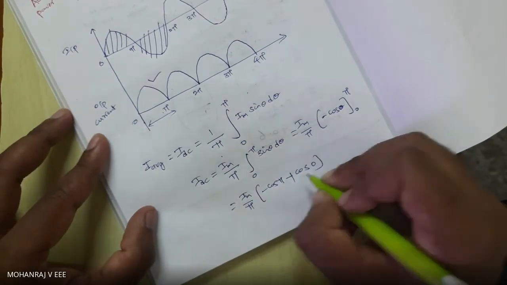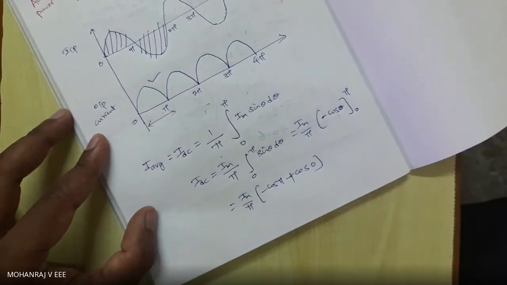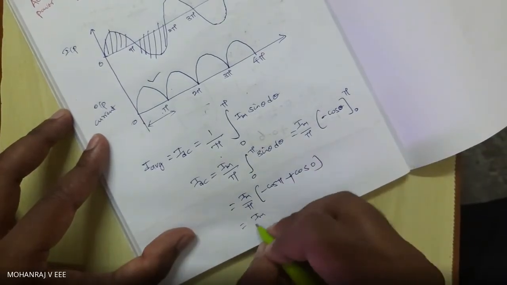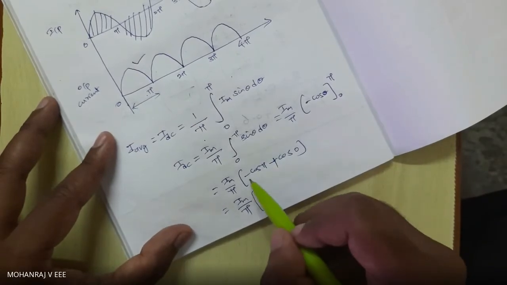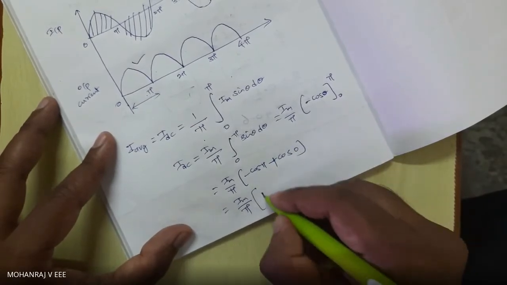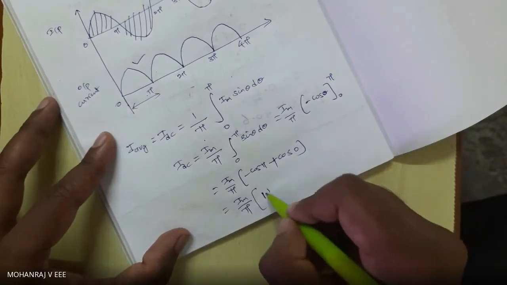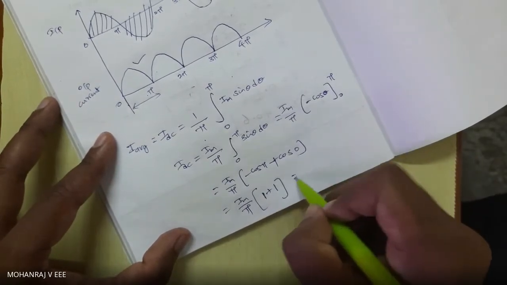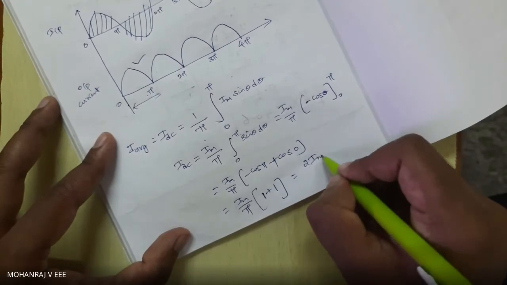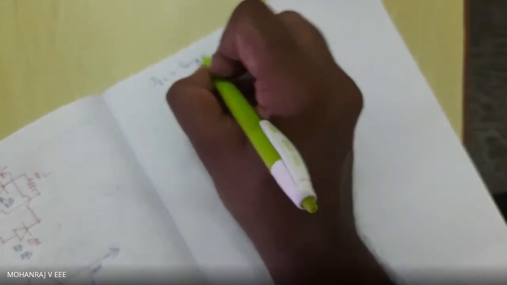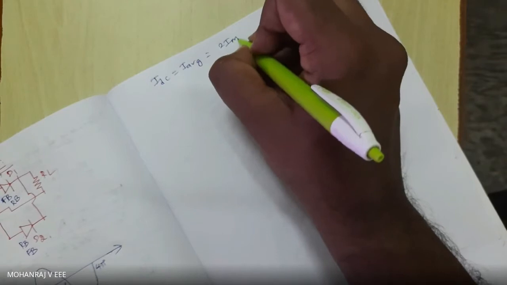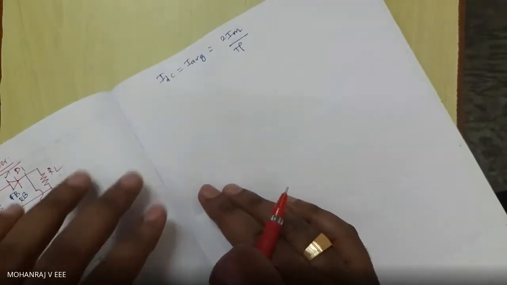So minus minus will become plus. Cos pi is minus 1, minus of minus 1 is plus 1. Cos 0 is plus 1. So that is equal to 2 Im by pi. That is my IDC. So IDC, which is equal to I average, is equal to 2 Im by pi.